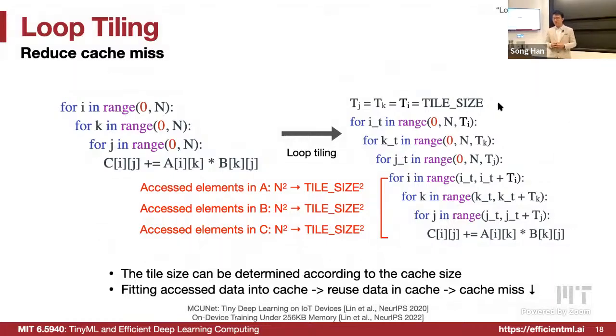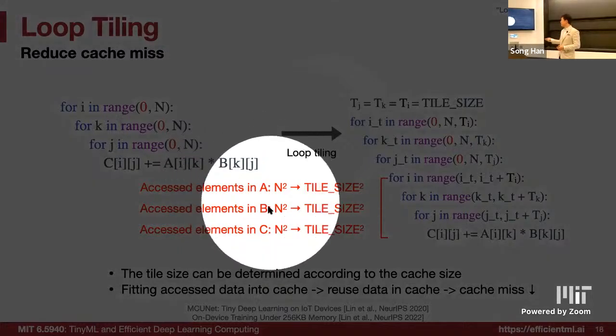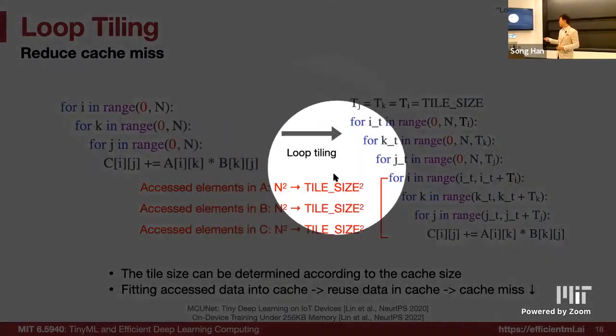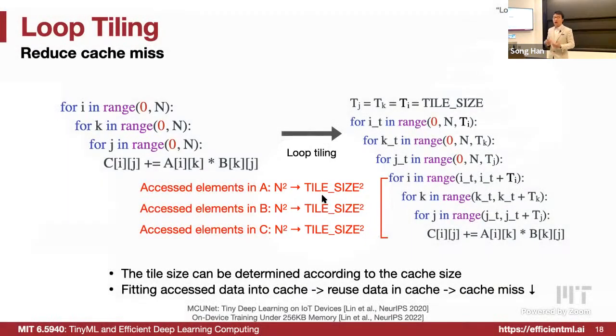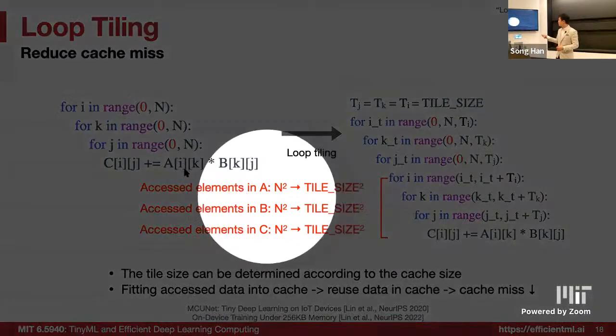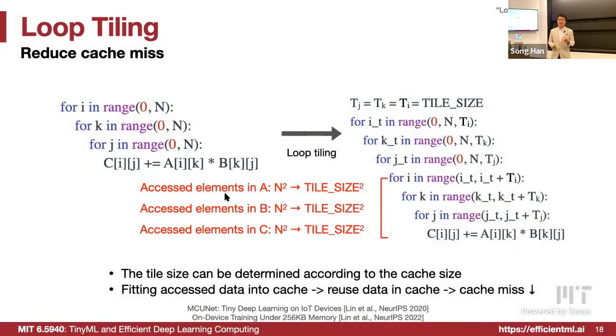So what is the memory access footprint for A, B, C? Previously, they were all n squared. Now they are all tile size squared. How do we determine the tile size? We want to make sure the tile size squared, which is the memory footprint for A, B, C, can fit in the cache.